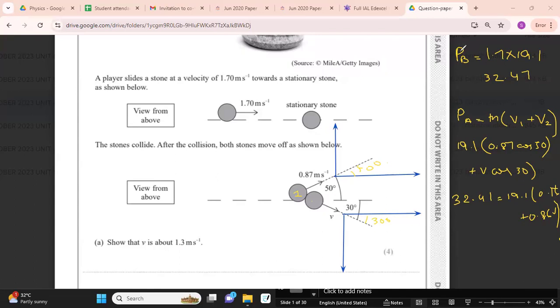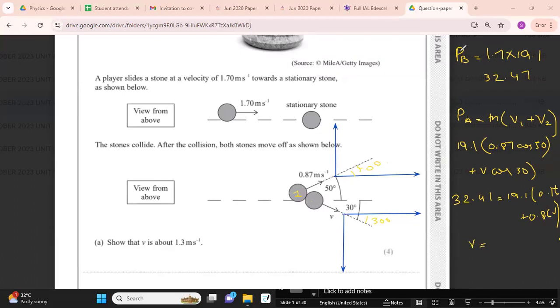After we get 1.69 as our answer, we are going to have to subtract. We're going to have to do 0.56 minus 1.69, and then divide the answer by 0.86.